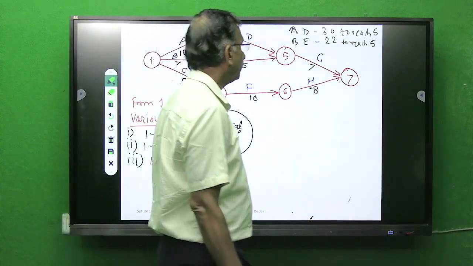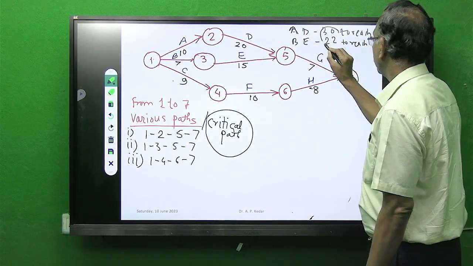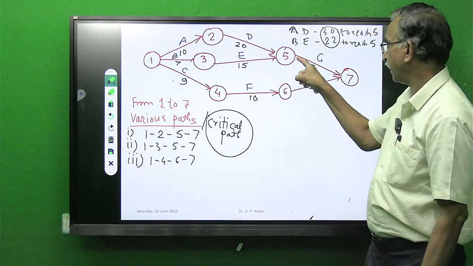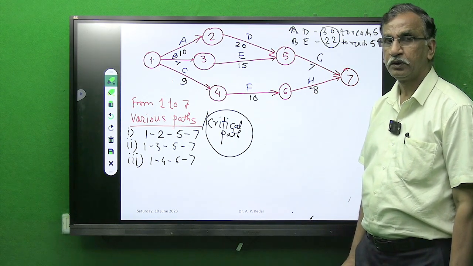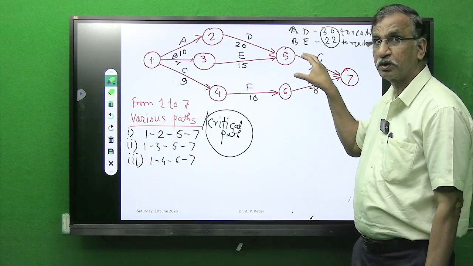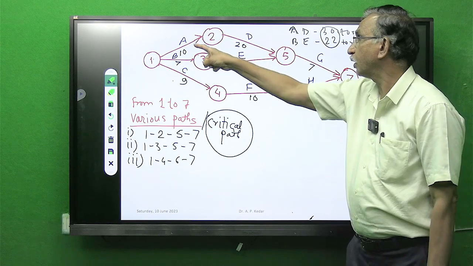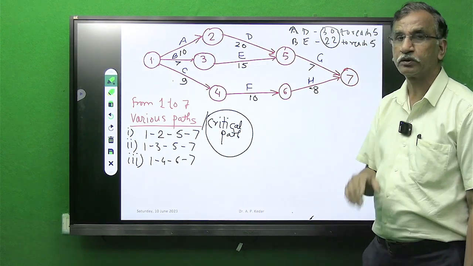Now here I am having two values. One is 30, other is 22, at event number 5, and event number 5 is assumed completed only when all activities terminating at 5 are over.